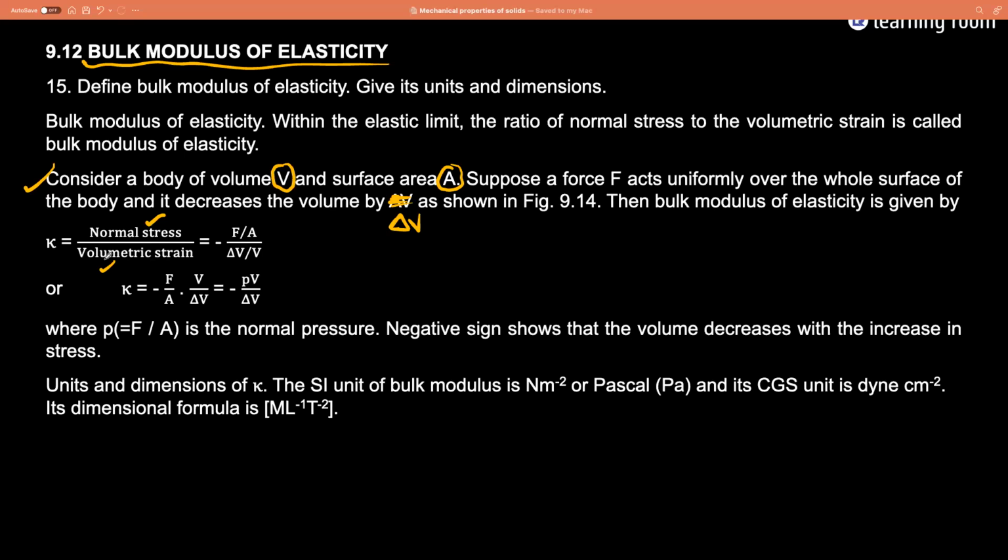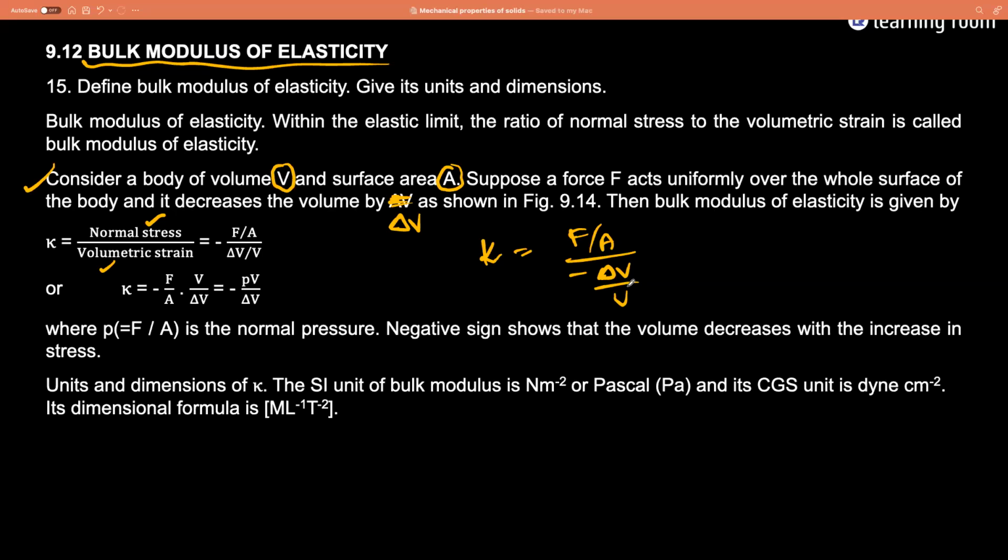But remember one thing, whenever you apply a hydrostatic stress, the object will always undergo compression. So when it is compression, what is going to be the value of delta V? It will be negative. So that's why the bulk modulus can be written as F by A, the applied hydrostatic stress, divided by the negative of delta V by V.